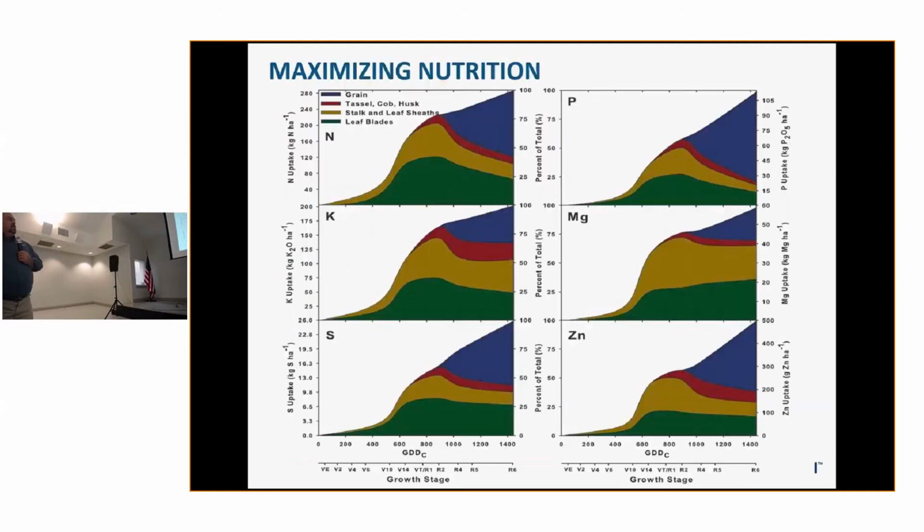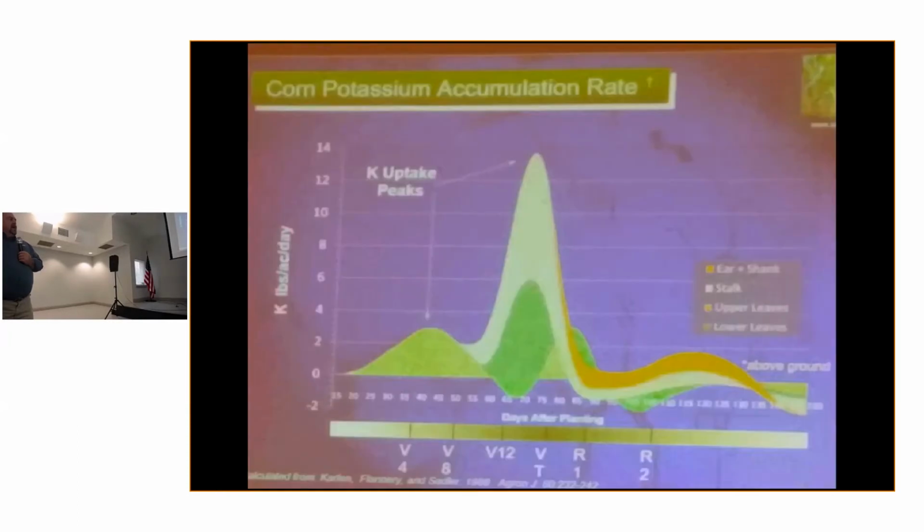The next slide I wanted to spend just a minute or two on. This is potassium. This is a little bit different way to look at potassium. We looked at it in other charts. It's very steep, but this one I like because it was kind of a slap in the face to me as to when I need to put my potassium on if I'm low. There are two uptake peaks, one around V4, V5, and a huge one between V8 and silk.